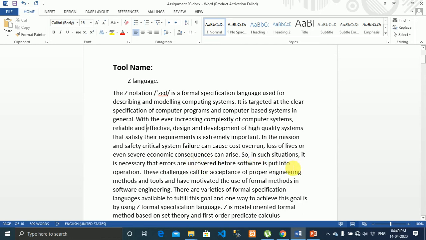So it is necessary that errors are uncovered before the software is put into operation. This challenge, the acceptance of proper engineering methods and tools, has motivated the use of formal methods in software engineering.